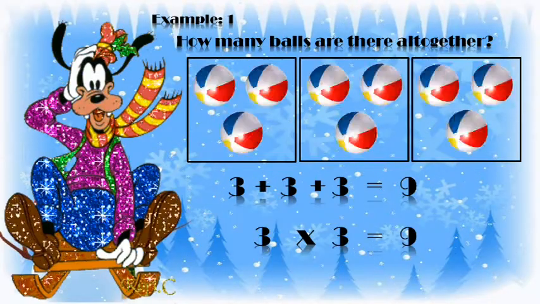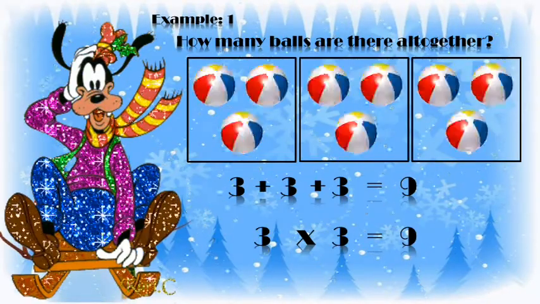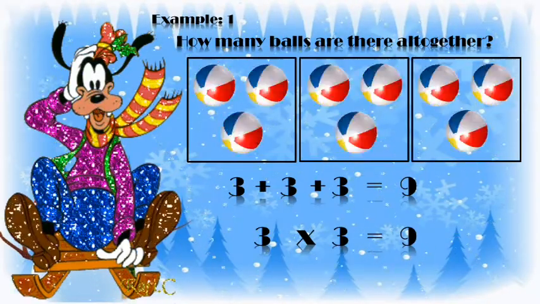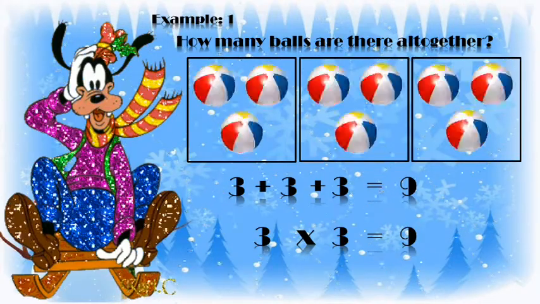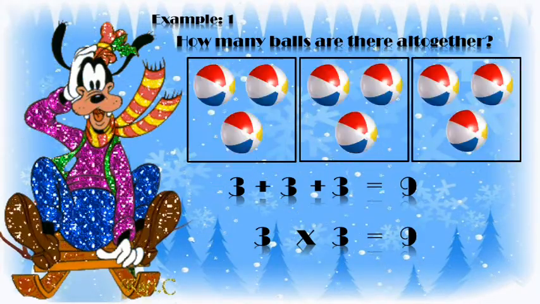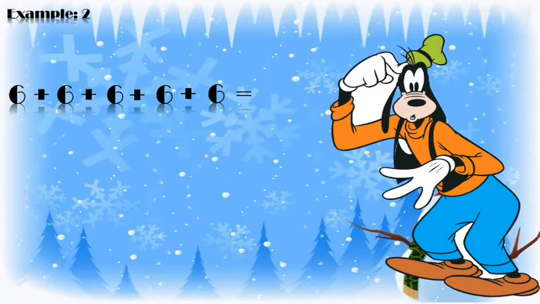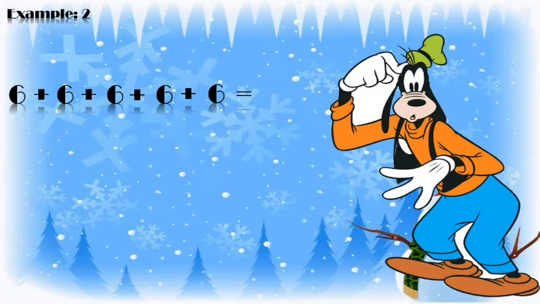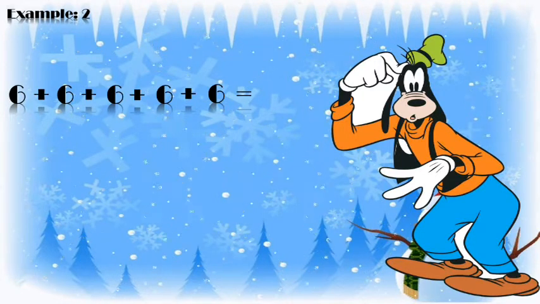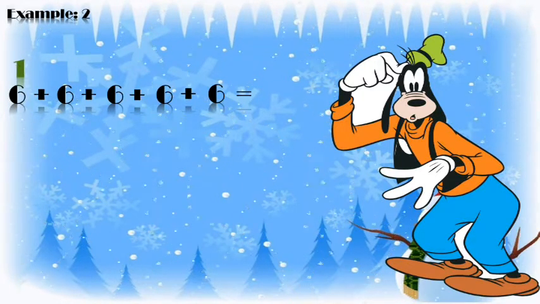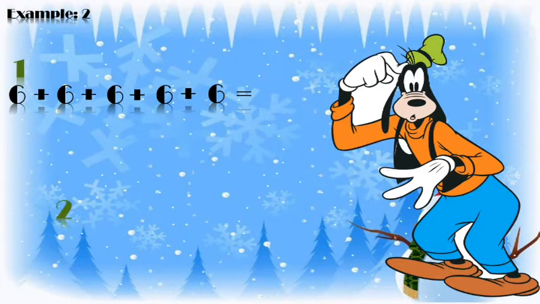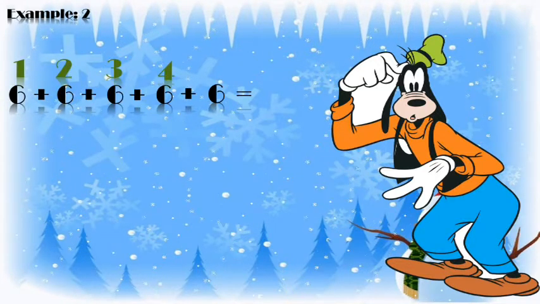Okay, this one we did very easily. Now let's practice more. Here is another one. Notice, in this example, we repeated 6 to itself and the number of repetition is 5, right?